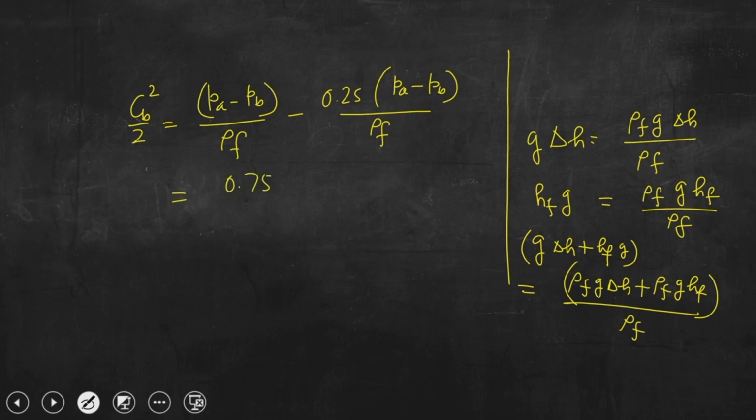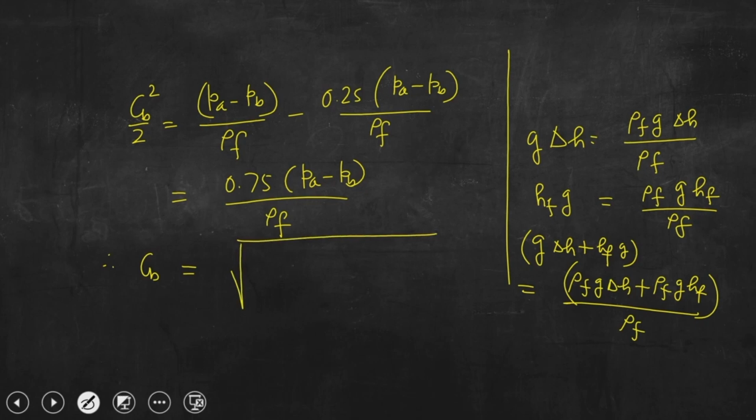So, this is 0.75 into P A minus P B divided by rho f. So, we can calculate what would be C B. Again let me write first.